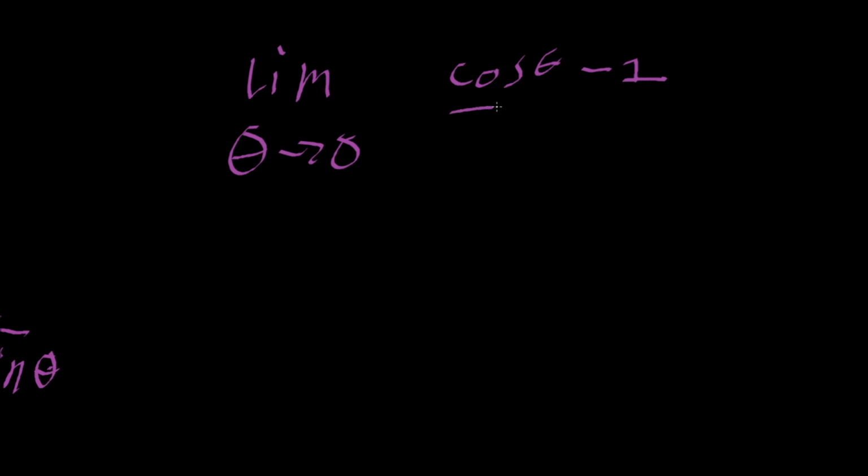And I won't draw any weird shapes or anything. I think it's easiest to just approach it purely algebraically. So let's say we have the limit of theta approaching 0 of cosine of theta minus 1 over theta.